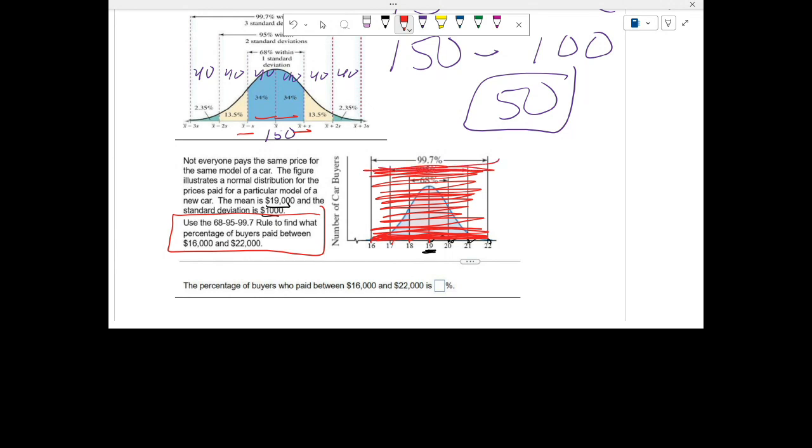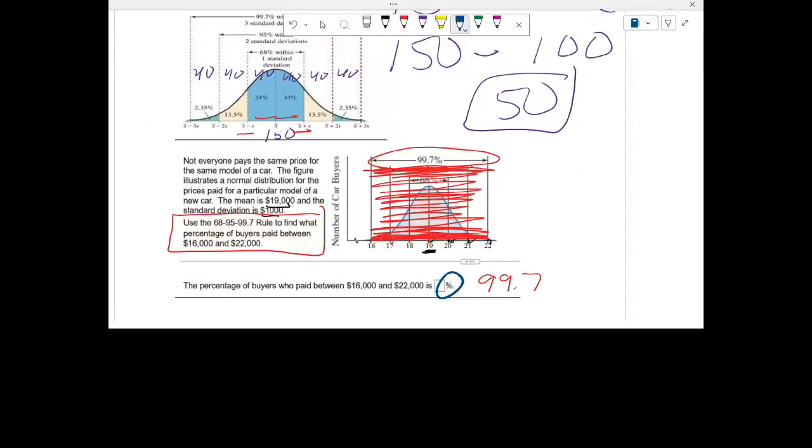Y'all, if you look right here, what percent paid within that range? Wouldn't that be 99.7%? Guys, when you're doing this, you don't even have to put the little percent symbol, because if you notice, boom, it's already right there. So you're just going to enter in 99.7, right? And that's all we got to do.